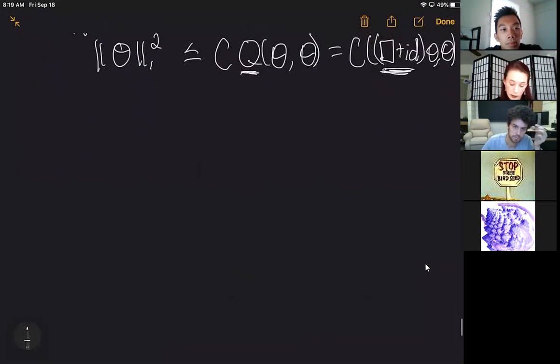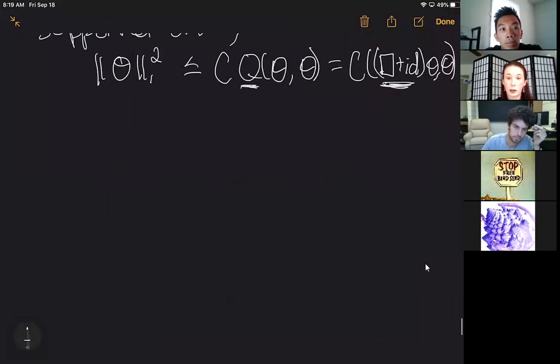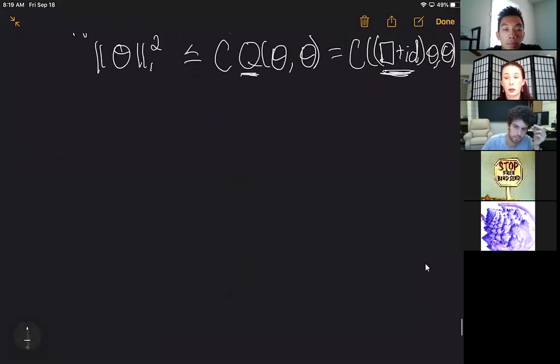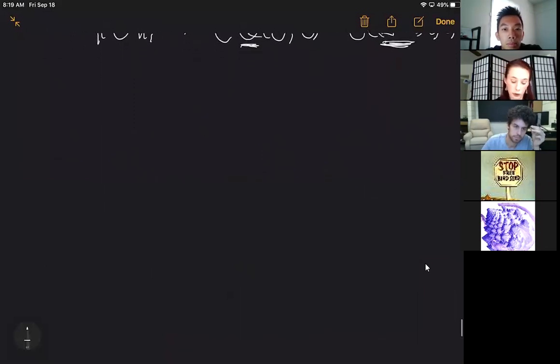So once we have this relationship between our Q norm and our Sobolev 1 norm, we can actually make a statement about the domain of our box operator, or this is our F operator.